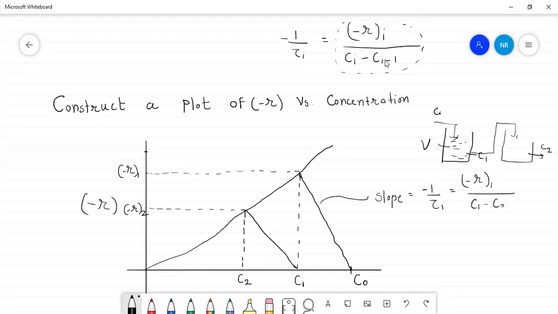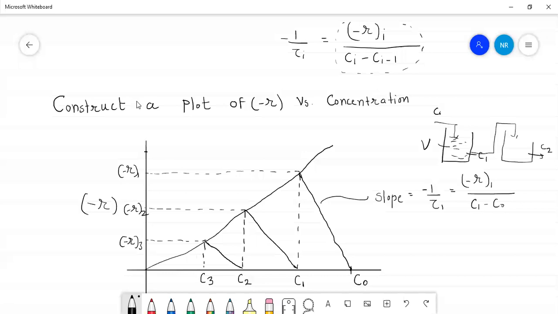Same if we have another reactor in series, then again we find the space time, do 1 divided by space time, and mark the point here. We draw a slope and mark it here, and that gives C3. Each and every time we can find the concentration, and once we have the concentration, we can find the conversion. So this way we can find the concentration and conversion using this graph.